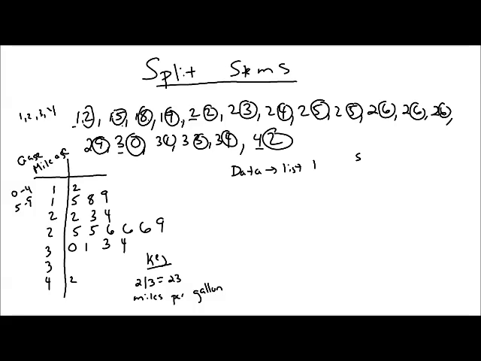So you're going to hit stat, edit, okay, and I have 12, 15, 18, 19, 22, 23, 24, 25, 25, 26, 26, 26, 29, 30, 31, 33, 34, and 42.